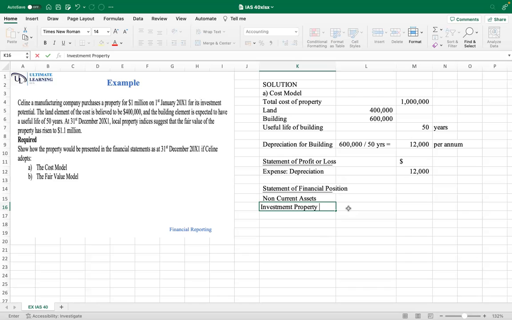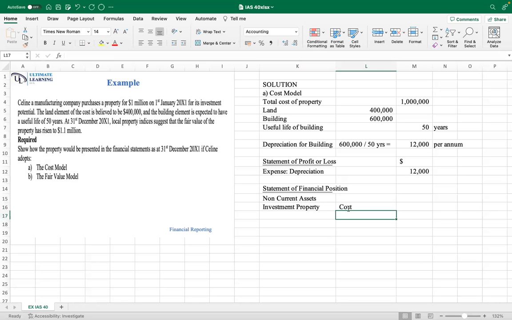So we will show the cost, we will less accumulated depreciation, and then it gives us the carrying amount or the net book value.